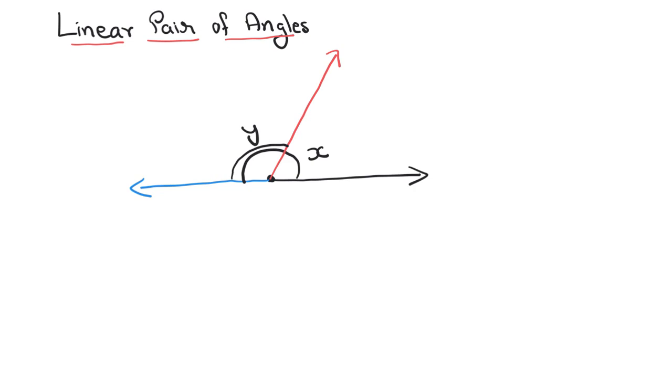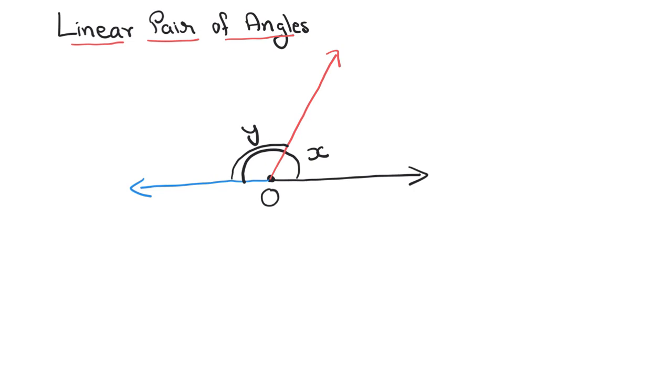Are X and Y adjacent angles? Yes, of course, because they have a common arm, remember the definition, and the common vertex, and the other two arms are on either side of the common arm. Fine. So X and Y are adjacent angles.